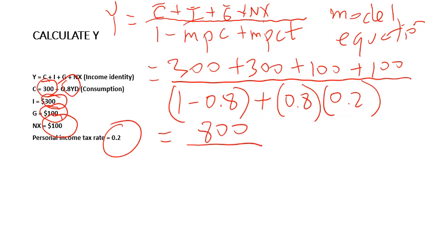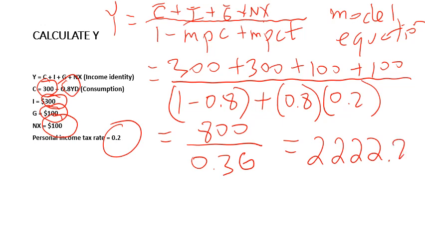We divide by 0.36 and we get a GDP level of 2,222.22. I insist that you go to decimal points.